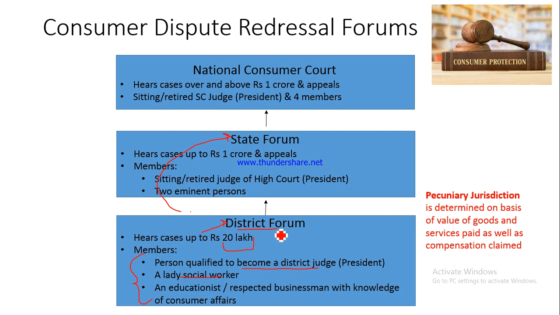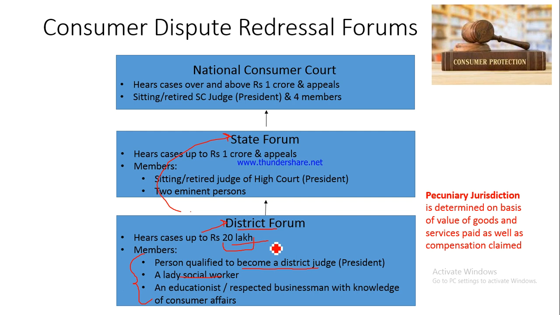In cases of appeal, these kinds of pecuniary limits do not apply. Fine. So these pecuniary limits don't apply, which means, let's say, if I have bought a washing machine and I'm not happy with its quality, and I believe that the seller has not provided me complete information, or has tried to fool me, I'll lodge a case against him in the district forum.